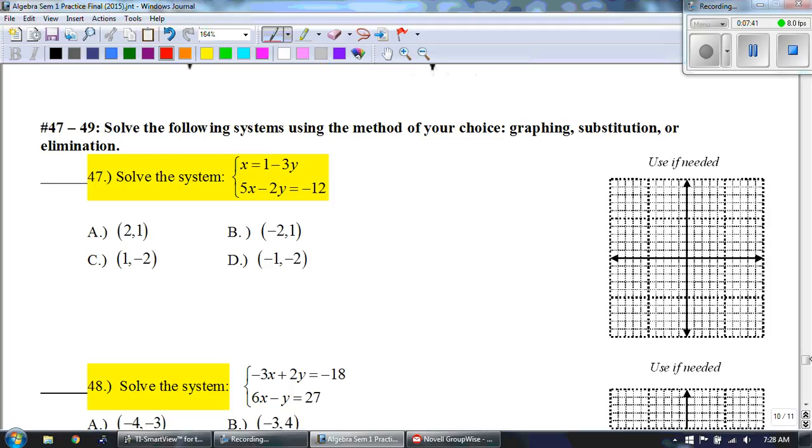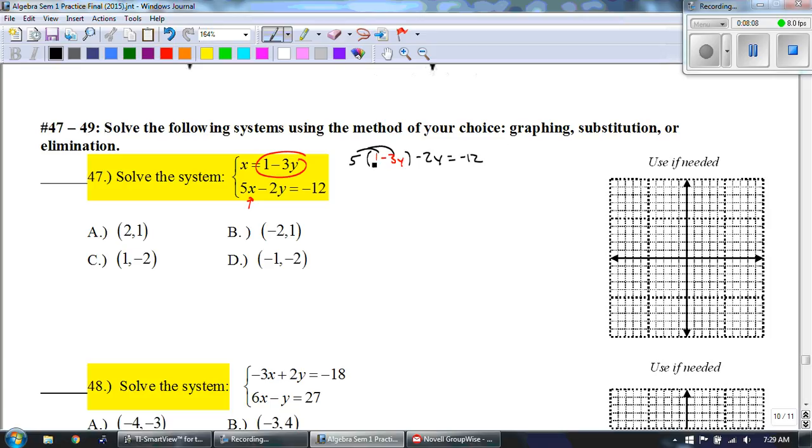Okay, 47 through 49 you get to solve using any method that you want. So I notice that the x is by itself, so that means substitution. Okay, so we have 5 parentheses 1 minus 3y minus 2y equals -12.